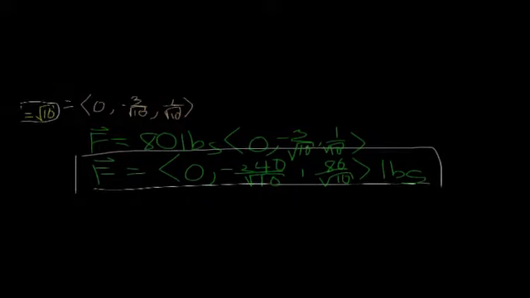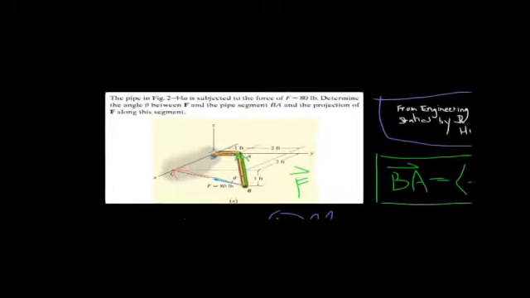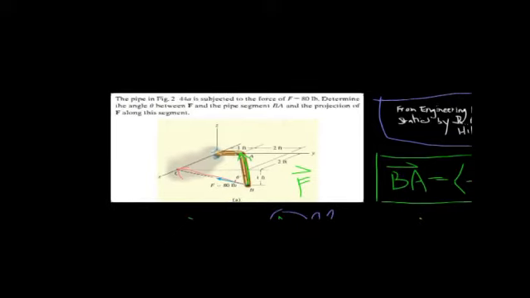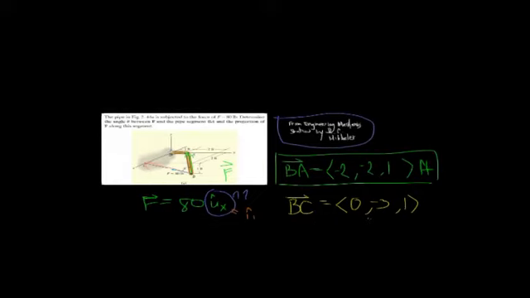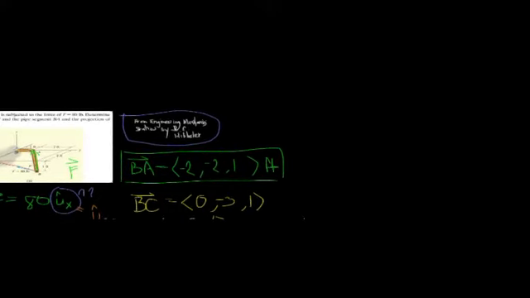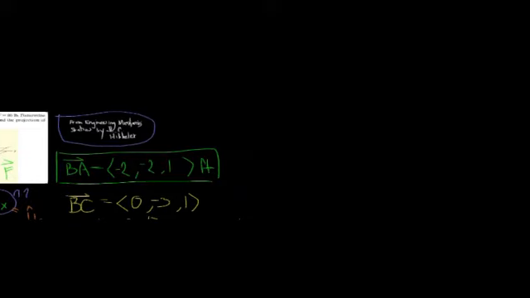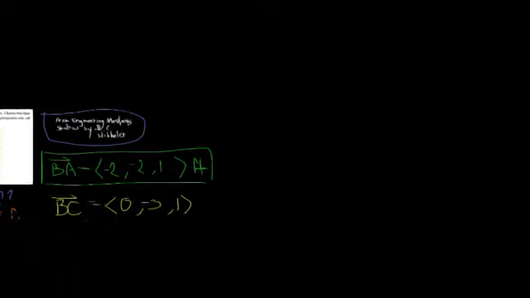That's vector F, but remember the question is asking to determine the angle between F and the pipe segment BA. So we can use this formula, whatever it's called. Let me write it down in this color.